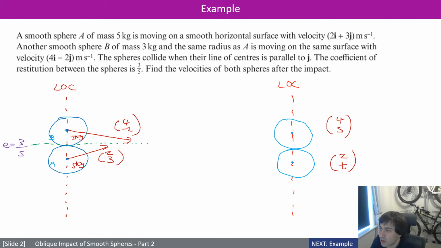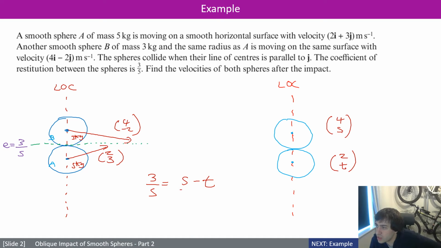So coefficient of restitution tells us 3/5 is equal to final s minus t, so I did the top and the bottom divided by it, and then let's do the bottom minus the top. That is A minus B.